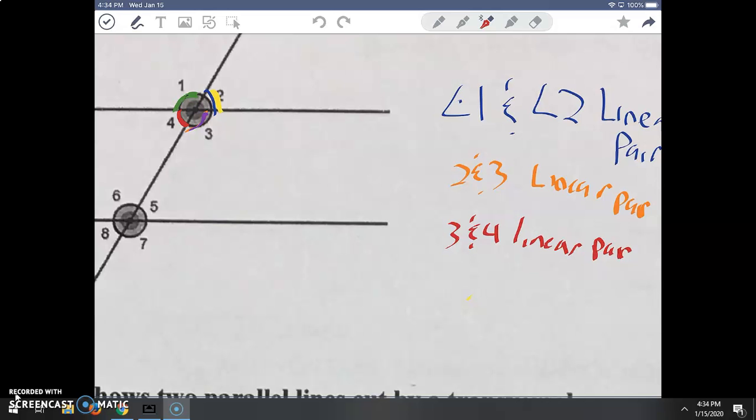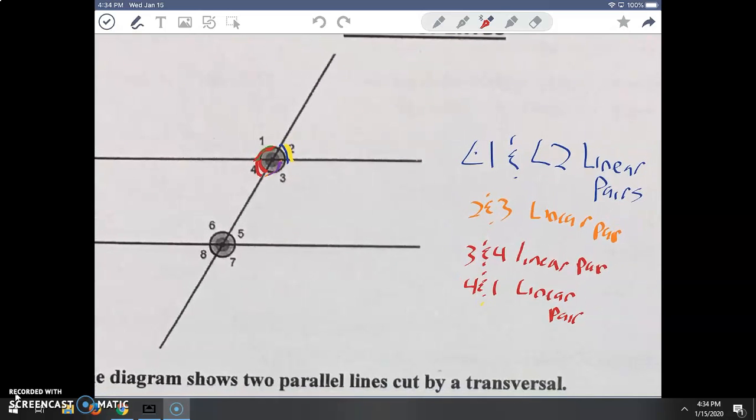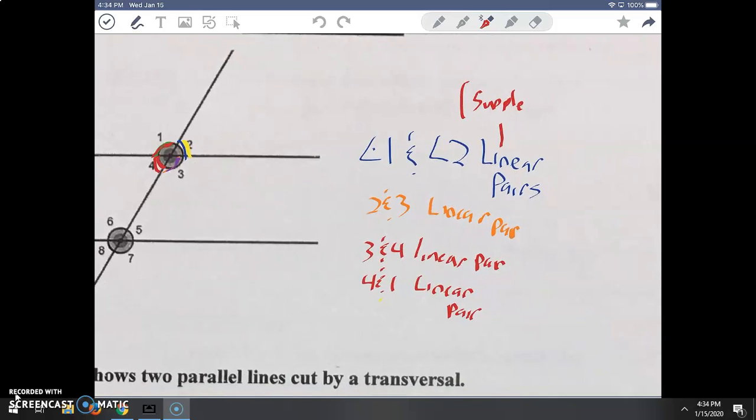And angle 4 and angle 1 do the same thing. All of these, again, are linear pairs, and those are supplementary, which means they add up to equal 180.